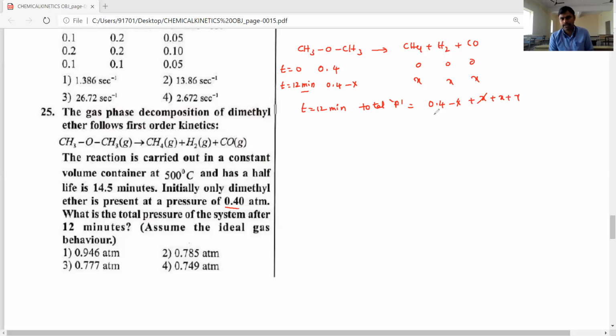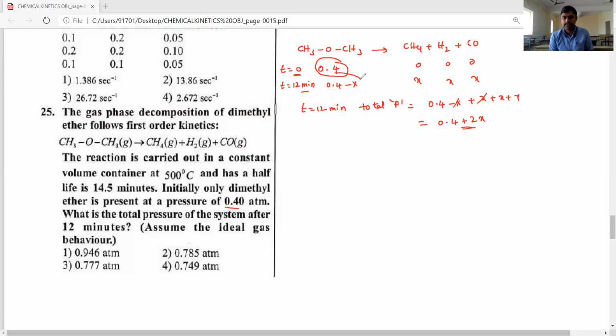Then one x will cancel, which is nothing but 0.4 plus 2x. This is the total pressure.